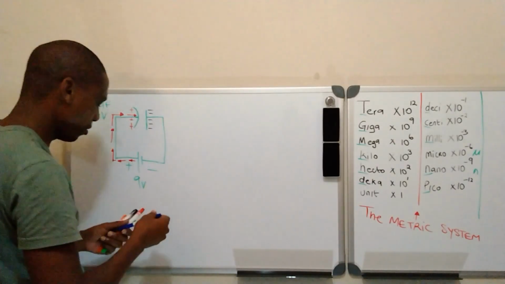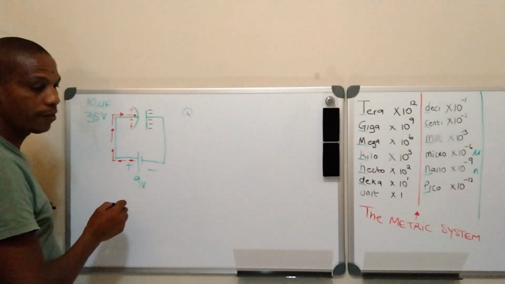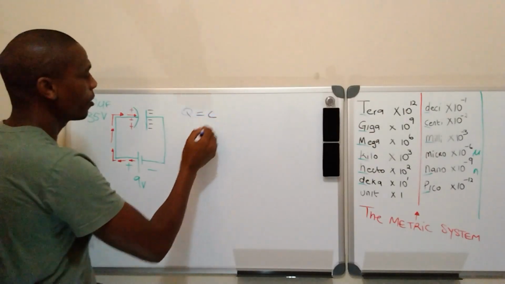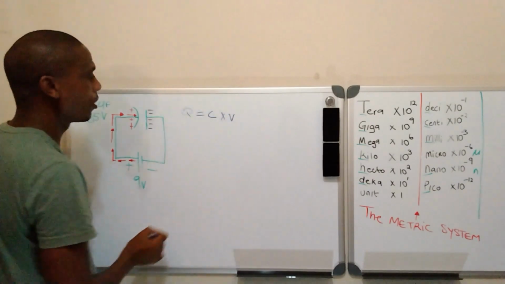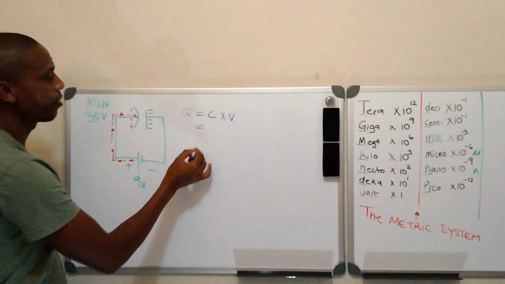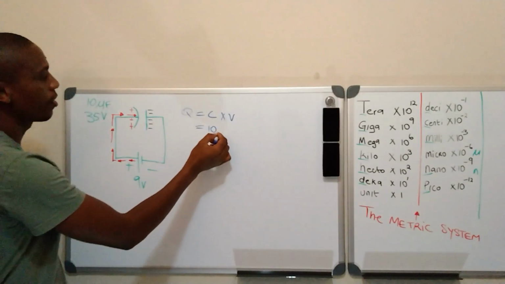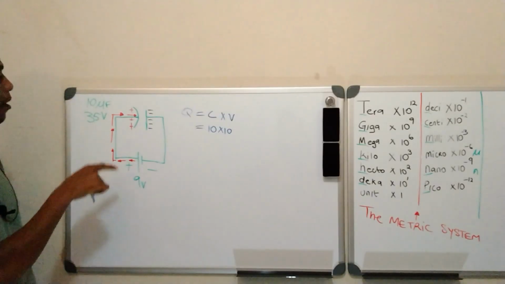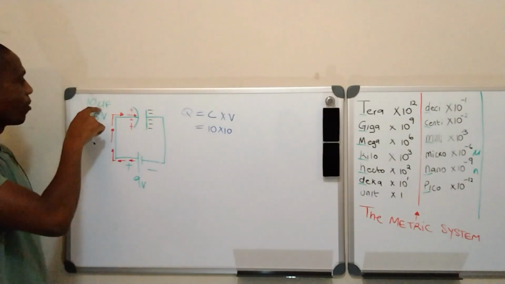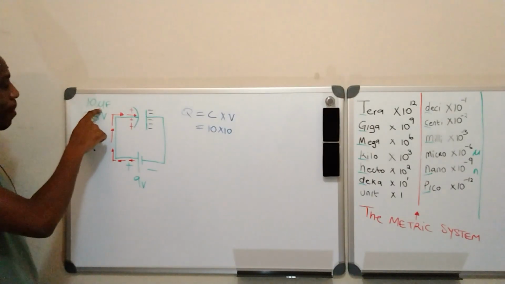So we have charge, given the letter Q, is equal to C for capacitance multiplied by voltage. Then capacitance is this one. It is 10 multiplied by 10 to the exponent. Now what will be the exponent? You see the prefix, it looks like a micro.